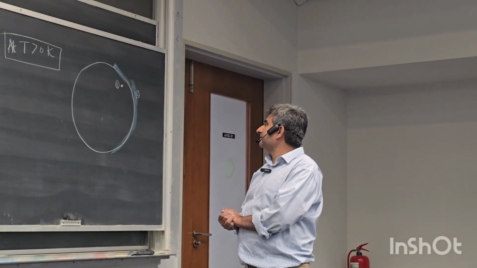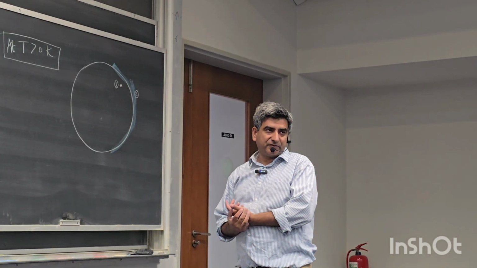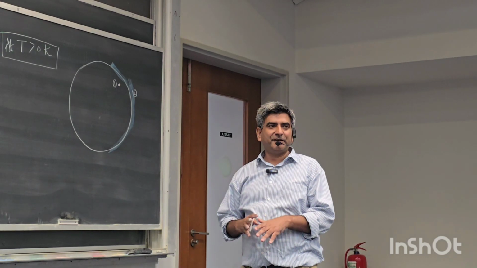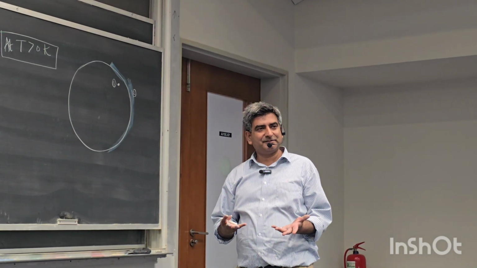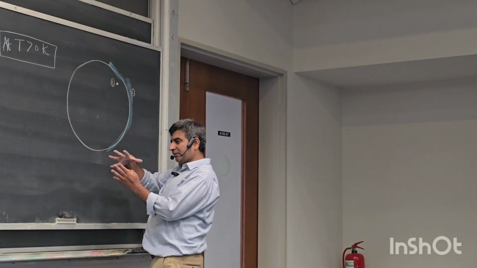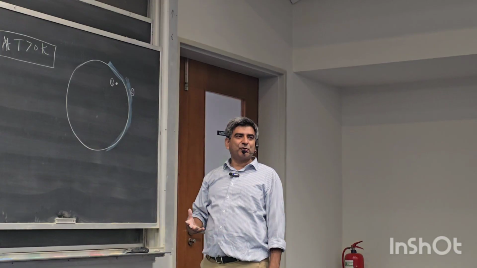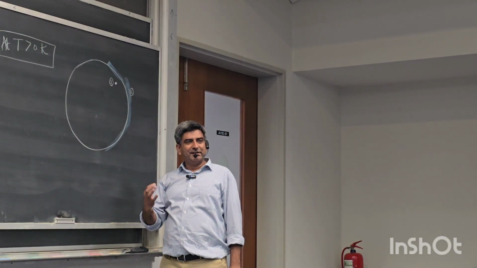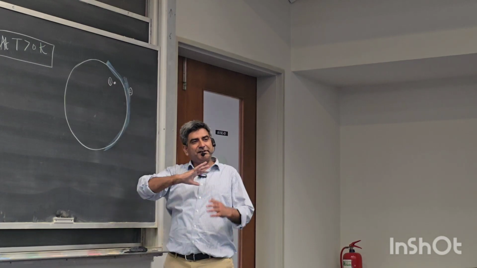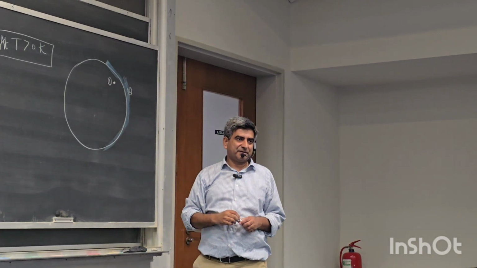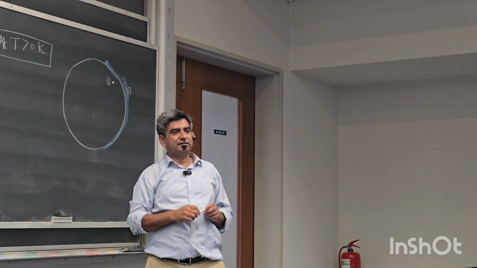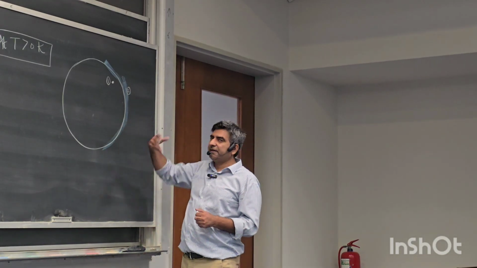They have to be created outside the Fermi sphere, because inside the Fermi sphere it's almost packed, and we've seen that this spreading is very small. T over Tf is of the order of 10 to the power minus 5. This band width is much smaller than the Fermi temperature. The Fermi temperature is very large, thousands, tens of thousands of kelvins. So nothing can be created inside.